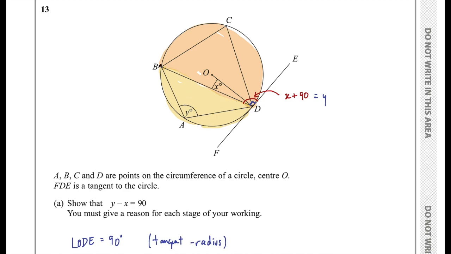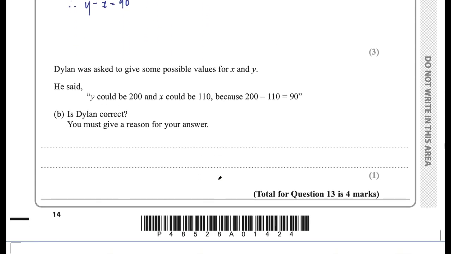One, it's inside a triangle and we know the angles in a triangle add up to 180. Also, y is on a straight line, and again the angles on a straight line add up to 180. So you could use either of those. Let's go with the triangle. So we can say y cannot equal 200 as it must be less than 180 degrees because of angles in a triangle.